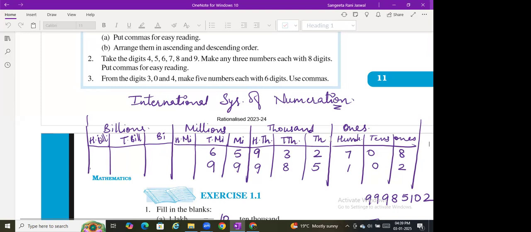Ones, tens, hundreds. This was given to you earlier also. 1,000, then 10,000, then 100,000. This is as per the international system. If you don't have it, then please note it down. Then we'll start working on it. Is anyone noting down or shall I scroll up?